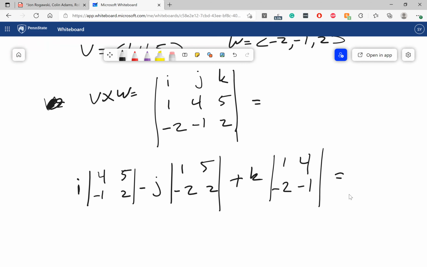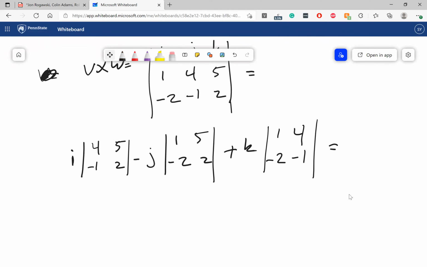Okay, and then this is equal to, in our first component, we're going to have 8 minus -5, which is +5. In our second component, we're going to have negative of 2 minus 10, which is plus 10.